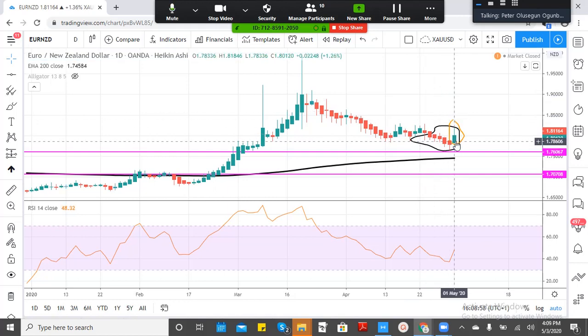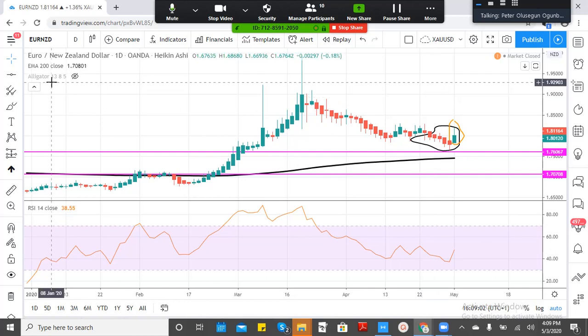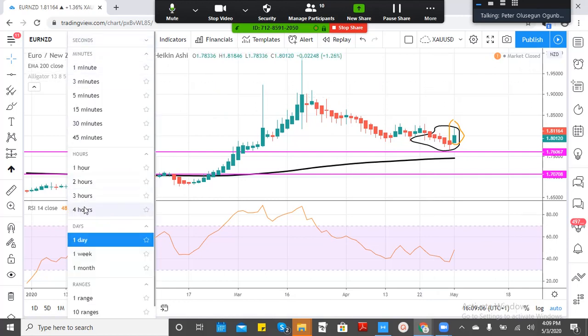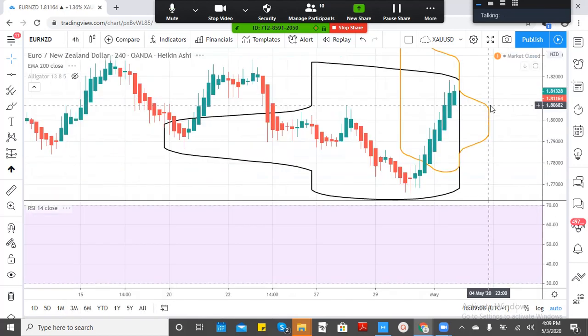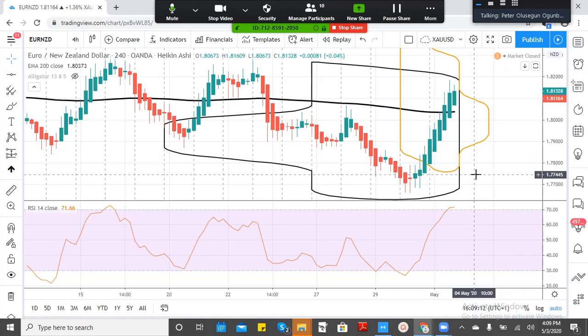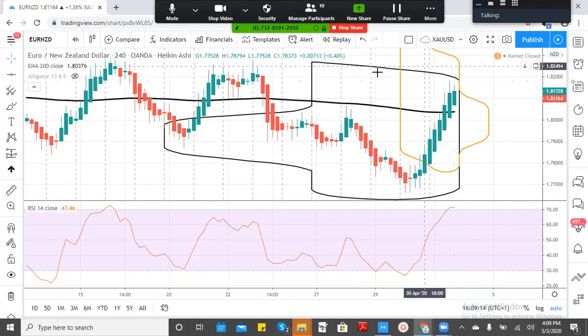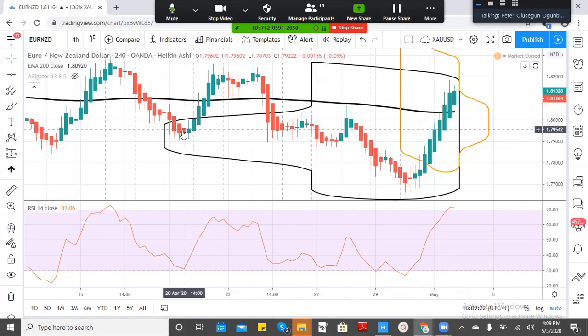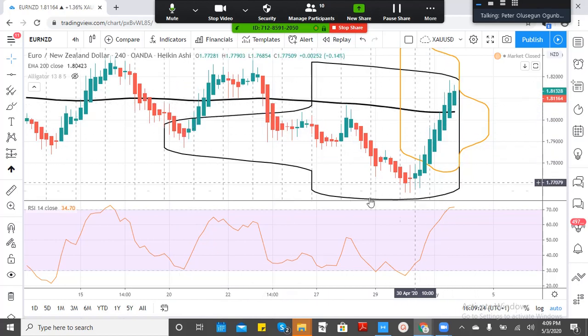Now on a 4 hour, you will see 4 hours in a day. So let's go to the 4 hour candle and see what it's doing. Good. I hope you are following me. This is our week, 5 days or 6 days that we have in the black.